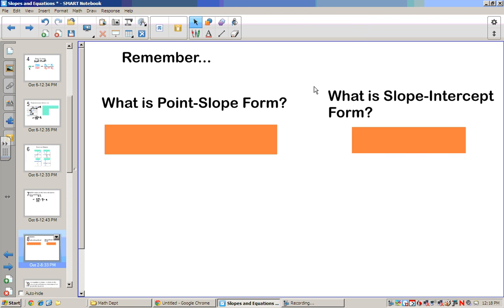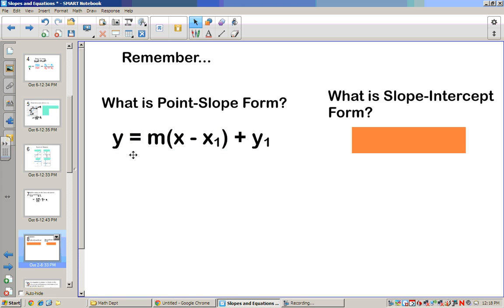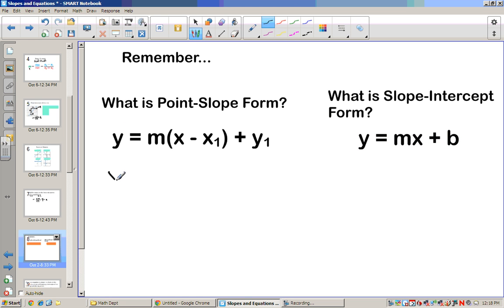Now there are 2 forms that we typically write equations in. One of them is point-slope form. It looks like this. And the other one is slope-intercept form, which looks like this. Now sometimes point-slope form looks like this: y minus y1 equals slope times x minus x1.